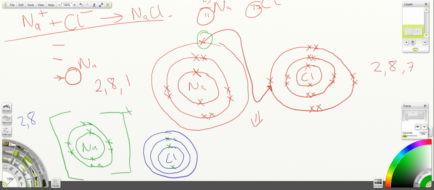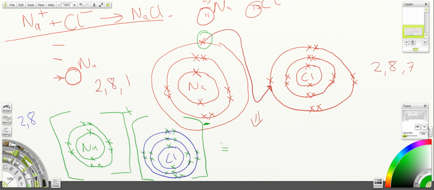You're going to have 1, 2, 3, 4, 5, 6, 7, 8 here, and then finally you're going to have 8 here, because it's got that extra one from the sodium. And we need to show that it's gained an electron, or that it's changed in charge, so we put the square brackets around it. It's gained 1 electron, so we're going to put a negative there.